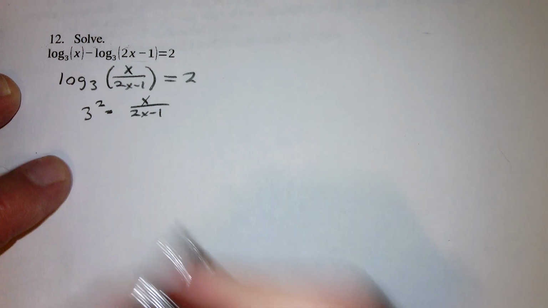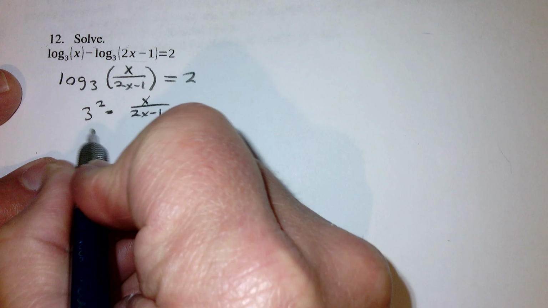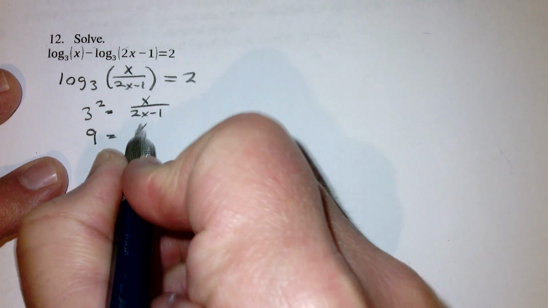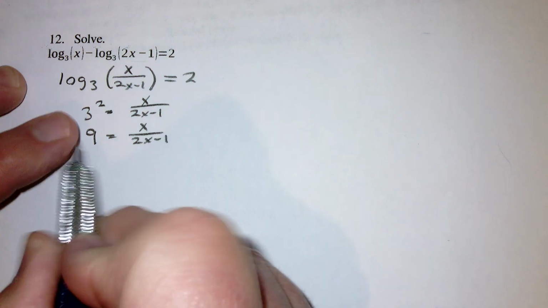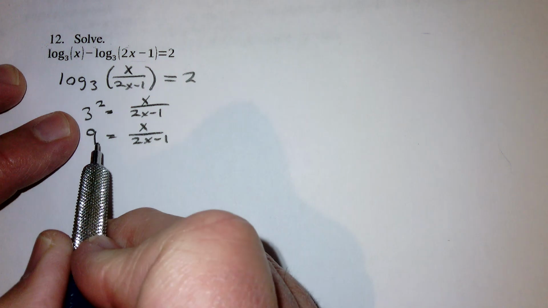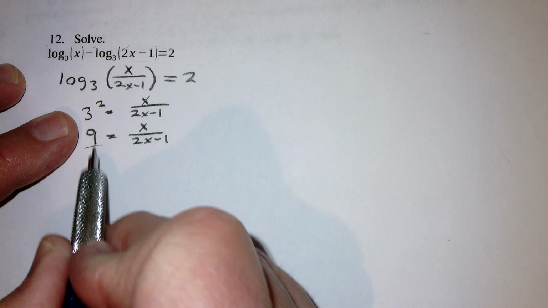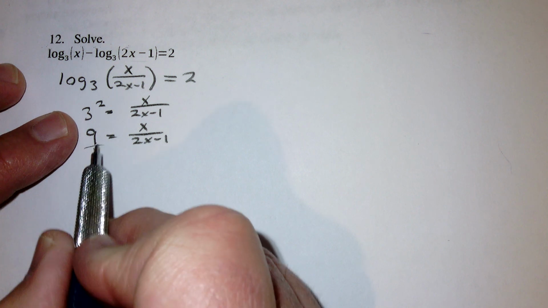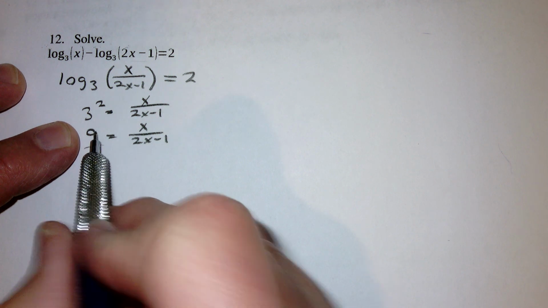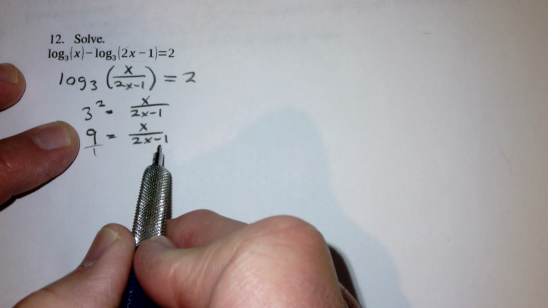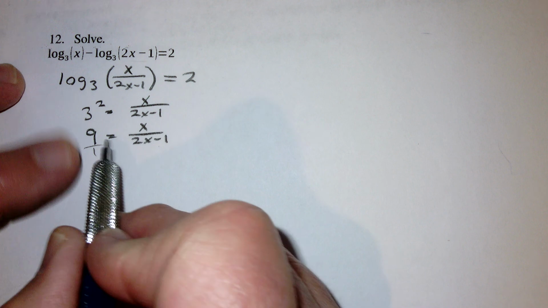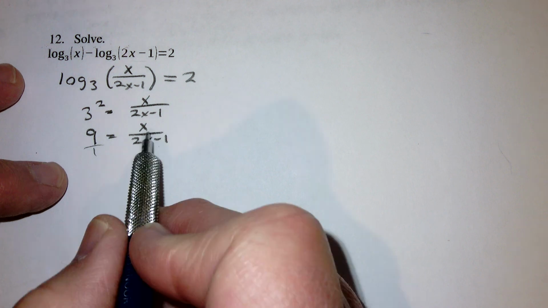We know 3 squared is 9. I'm going to treat this 9 like it's a fraction, like it's 9 over 1. So mentally this is what I'm thinking: if I take 9 times this denominator, 9 times the 2x minus 1, that needs to be equal to 1 times the x.